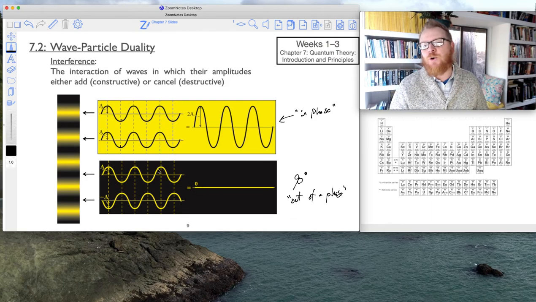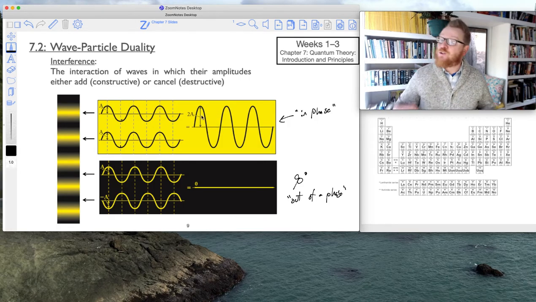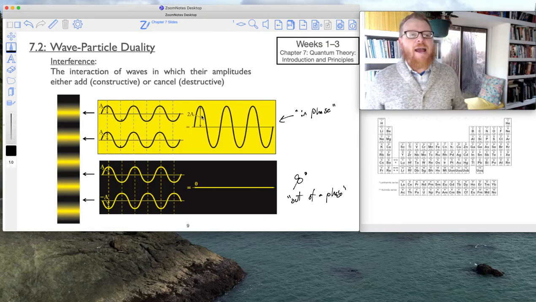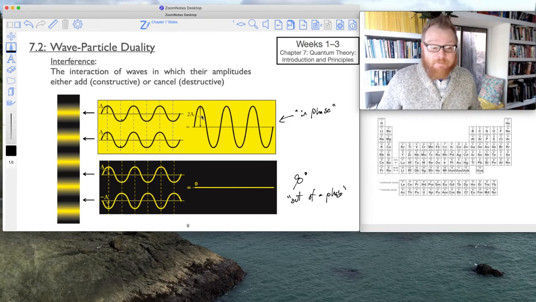Again, when we have two beams of light that are in phase with each other, we get increased amplitude. You notice here, if the amplitude is represented by the letter A, and both are A and A, then our new constructive interference will be twice the amplitude. What that means is the light will appear brighter. It will be amplified.